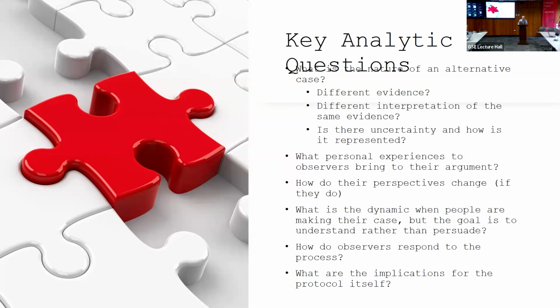Are they engaging in different interpretation of the same evidence? Is there uncertainty and how is it represented? What personal experiences do observers bring to their argument? How do the perspectives change if they do? What's the dynamic when people are making their case, but the goal is to understand rather than to persuade? And how do observers respond to the process, and what are the implications for the protocol itself? So we've been pursuing all of these kinds of questions in our coding.